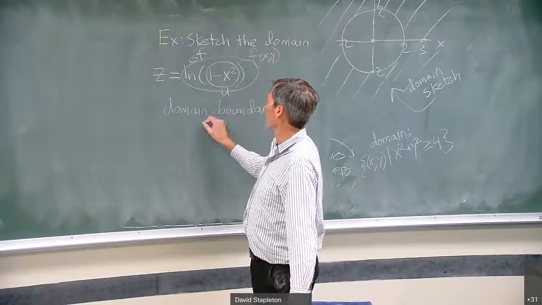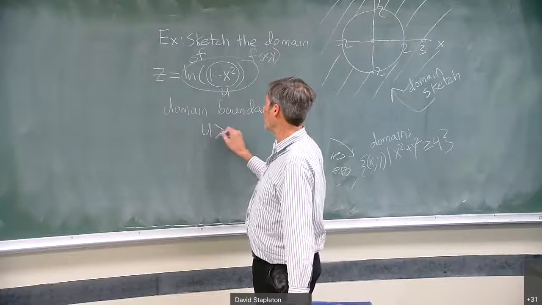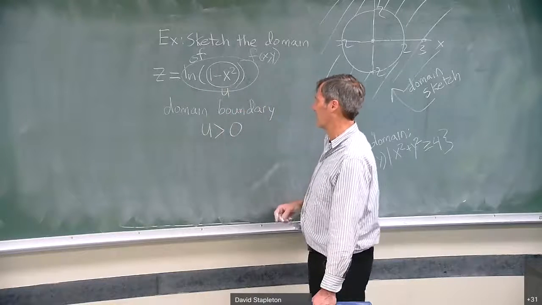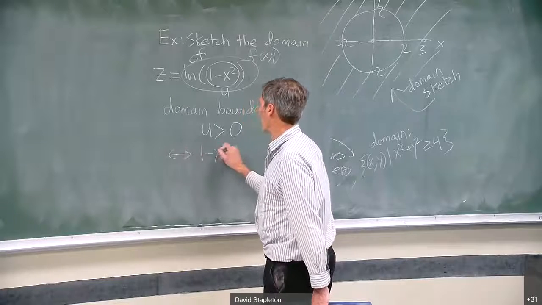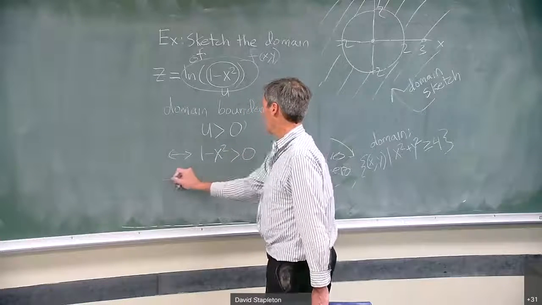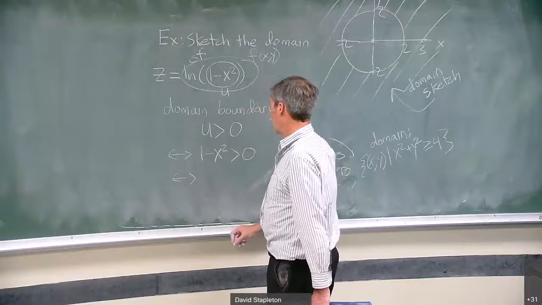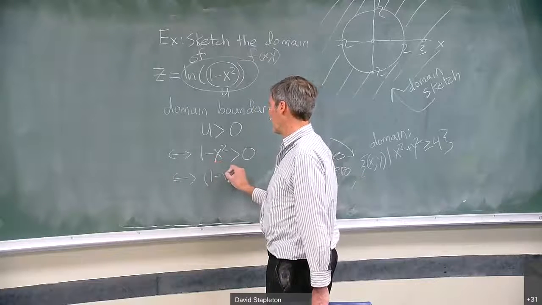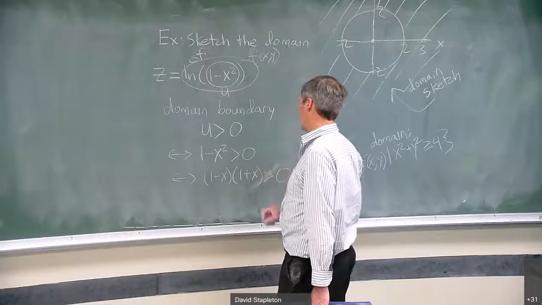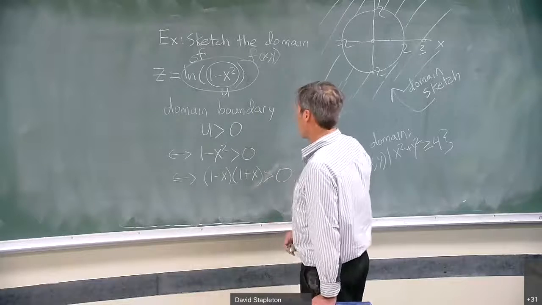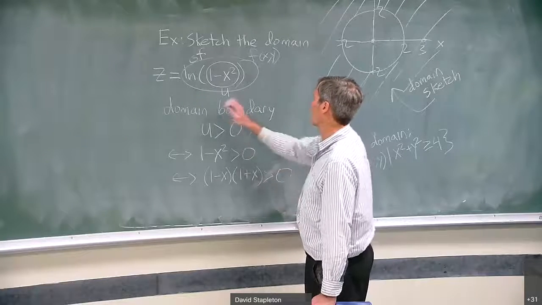So what I want is u strictly greater than 0, since you can't take the logarithm of 0 or anything negative. Equivalently, that is 1 minus x squared greater than 0, which you can factor like this: 1 minus x times 1 plus x has to be greater than 0. By factoring now, you notice that, I'm sorry, this is the domain.